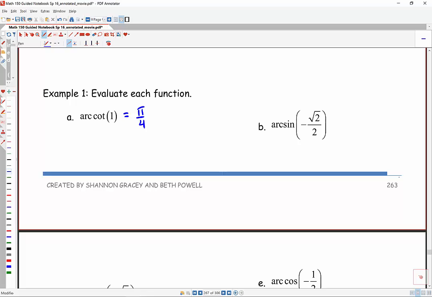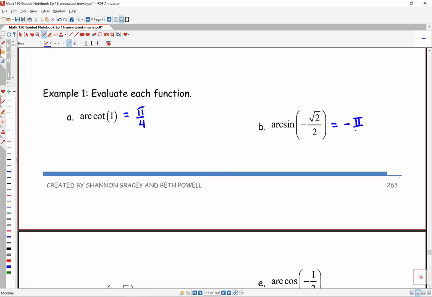At 7 pi over 4 and at 5 pi over 4. So 5 pi over 4 isn't in the range of our arc sine function, so we throw that out. 7 pi over 4 isn't either, but negative pi over 4 is coterminal with 7 pi over 4, so you do the negative angle.